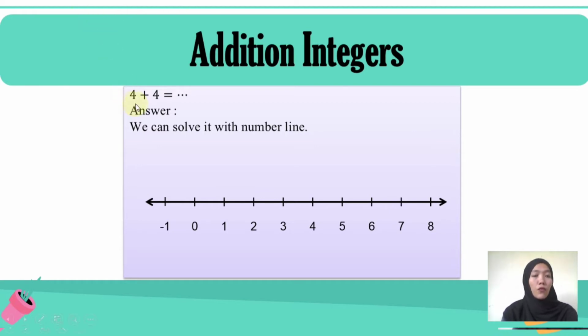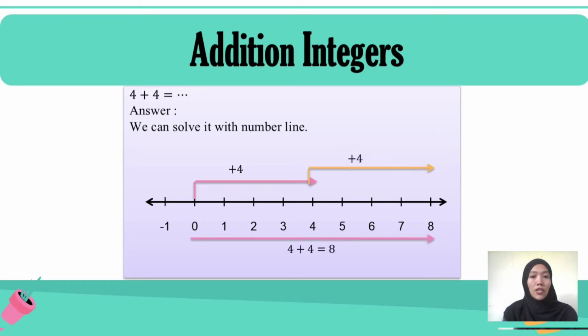This question is 4 plus 4, and 4 is a positive integer. So start from 0 and move 4 places to the right and we reach positive 4. Now move 4 places to the right from positive 4 and you reach positive 8. So the answer 4 plus 4 is equal to positive 8.